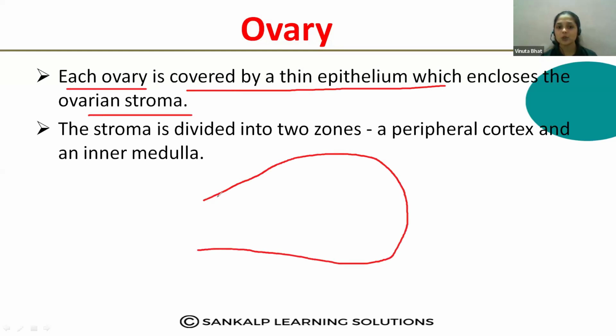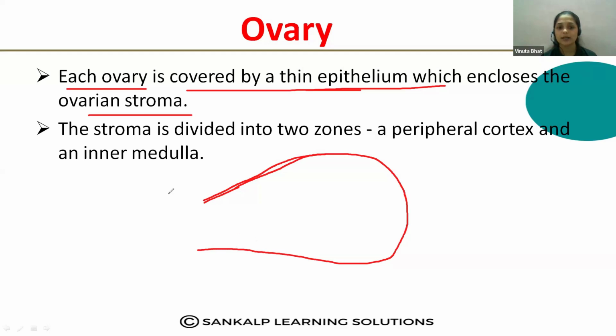Each ovary is enclosed by a thin epithelium. So here epithelium cells are there, and they enclose the stroma. This region is called the stroma, and this stroma is divided into two main parts.